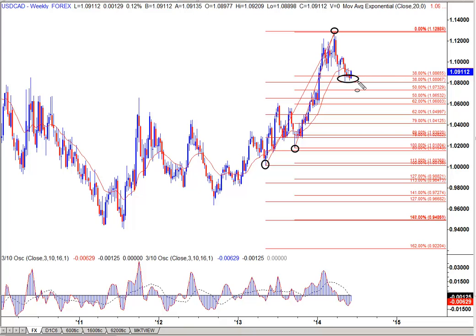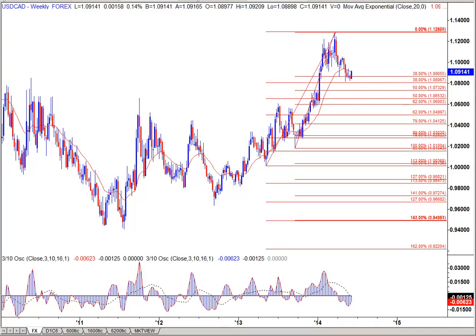All right, can you see what I'm drawing on the chart? Let me just double check. Okay, I have to fix my tool here.